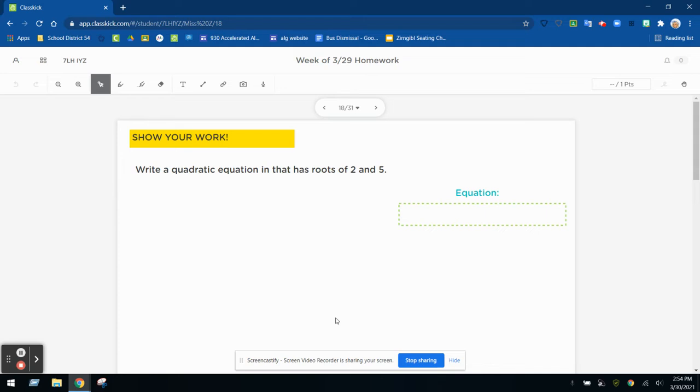Moving right along, a quadratic equation that has roots of 2 and 5. So roots of 2 and 5 is another way of saying that the zeros are 2 and 5. So for example, I'm saying that x equals 2, and I'm saying that x equals 5. Well, if I wanted to figure out what those factors would be, I can use the inverse operations again so that I can get it equal to 0, right?